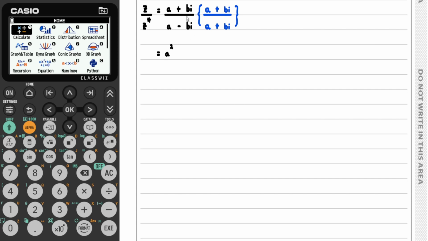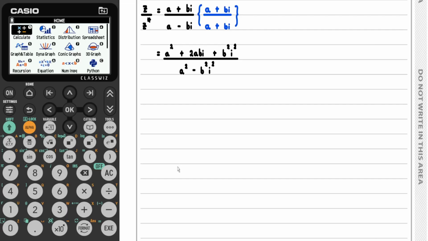Then we have a multiplied by bi plus another bi multiplied by a. That will be 2abi. And then we have bi times bi, which is b squared i squared. For the denominator, we have a difference of 2 squares. We have a multiplied by a, which is a squared, subtract bi multiplied by bi, which is b squared i squared.